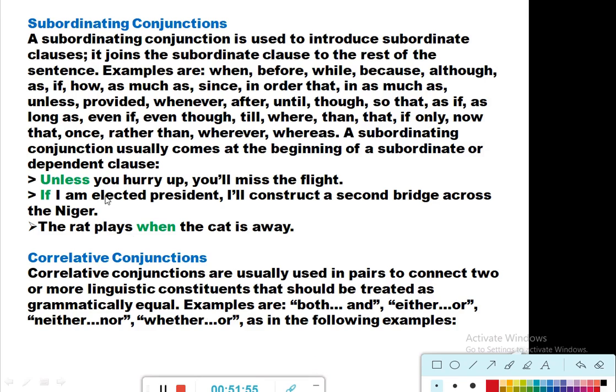Then we come to subordinating conjunctions. A subordinating conjunction is used to introduce subordinate clauses. It joins the subordinate clause to the rest of the sentence.